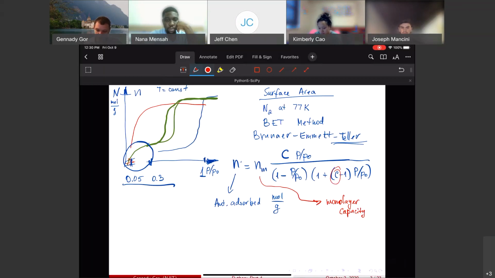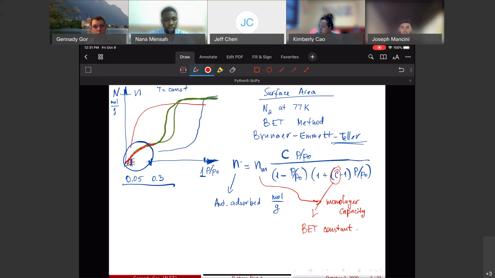And C is a certain constant which determines the strength of interaction between the molecules of adsorbing gas and the surface, which is known as the BET constant. And as I said, this theory is applicable typically not to the entire isotherm, but to the low pressure region.